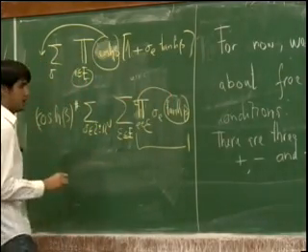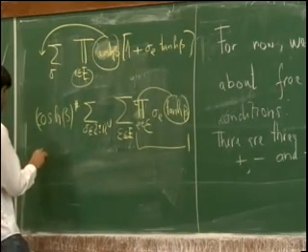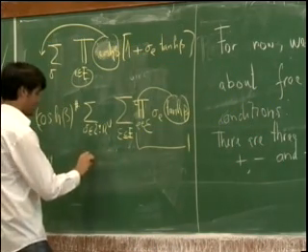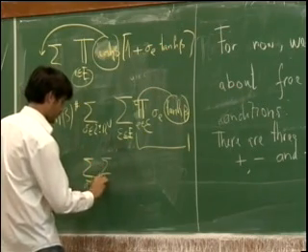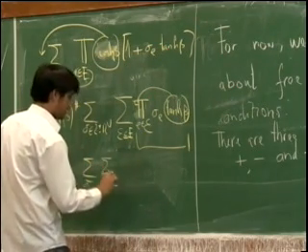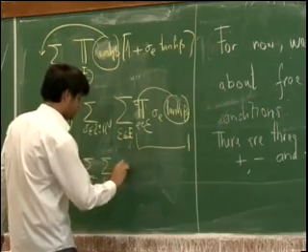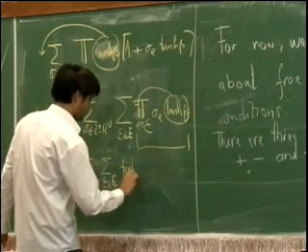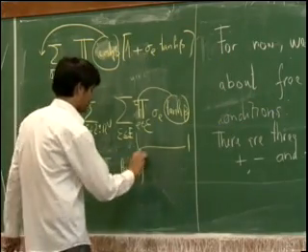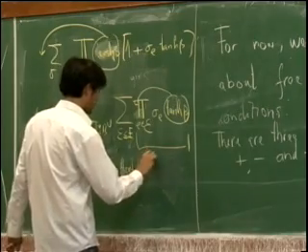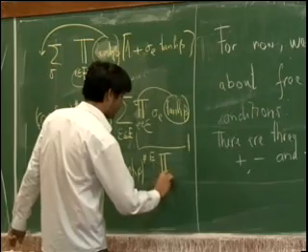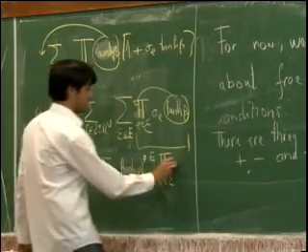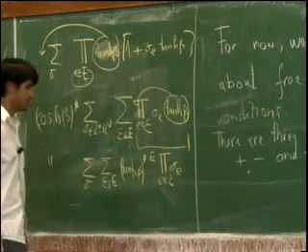So what I get is the same sum of hyperbolic tangent of beta to the number of edges times the product of the spins. It still sounds a bit strange.